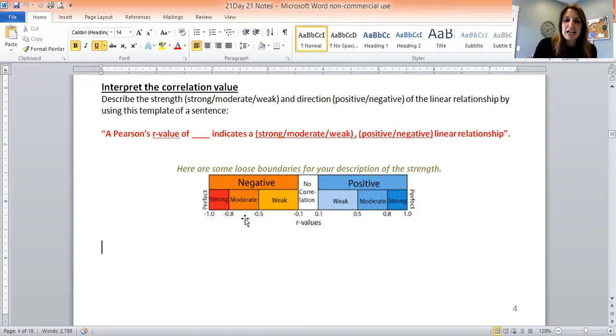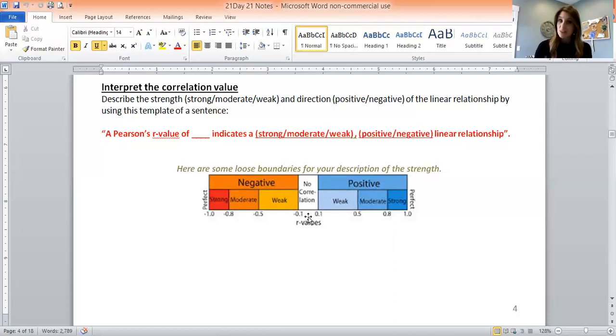So anything moderate we say is between like -0.8 and like -0.5 or -0.4. And on the positive side, +0.4 or +0.5 up to +0.8 would be moderate. Anything from like -0.4 to +0.4 in the middle here would be considered weak, where 0 is considered no linear correlation.